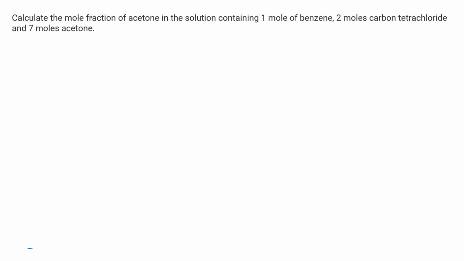Calculate the mole fraction of acetone in a solution containing 1 mole of benzene, 2 moles of carbon tetrachloride, and 7 moles of acetone.